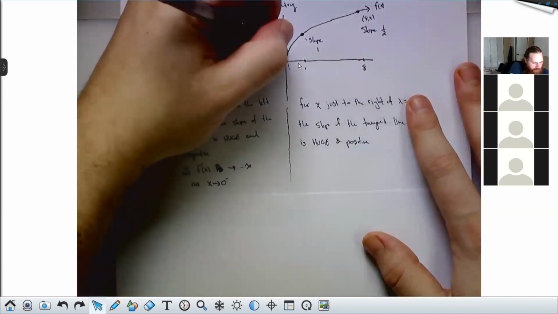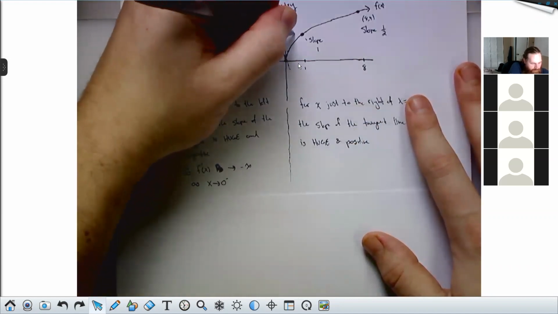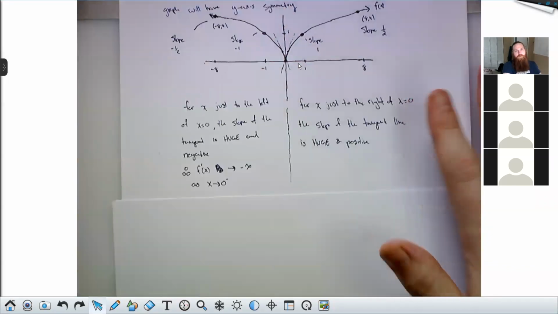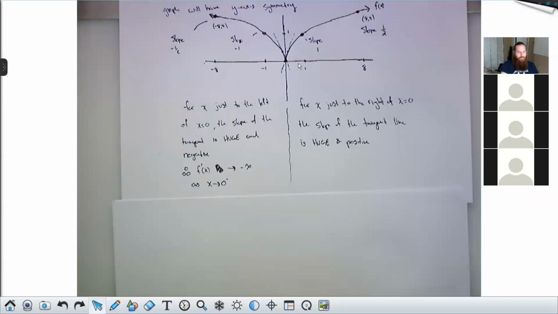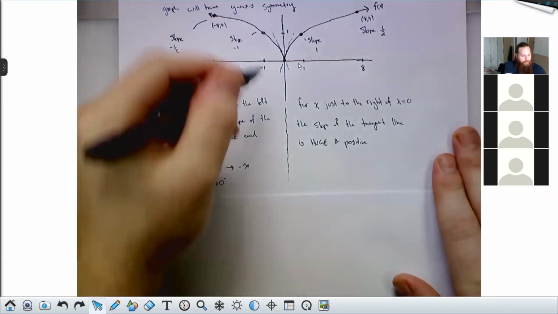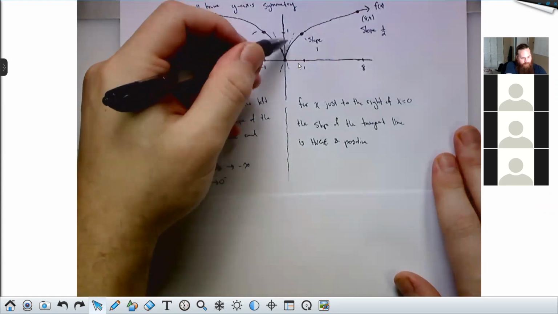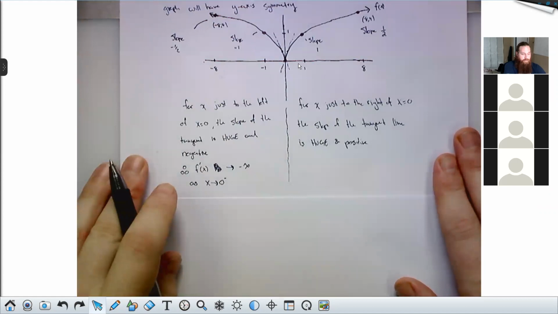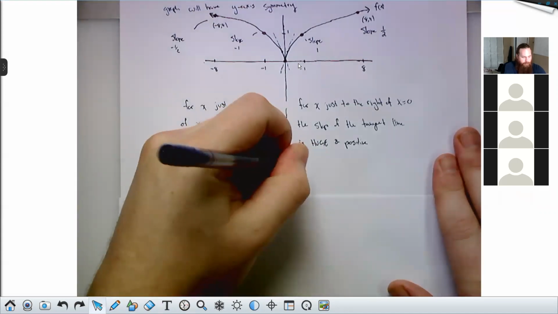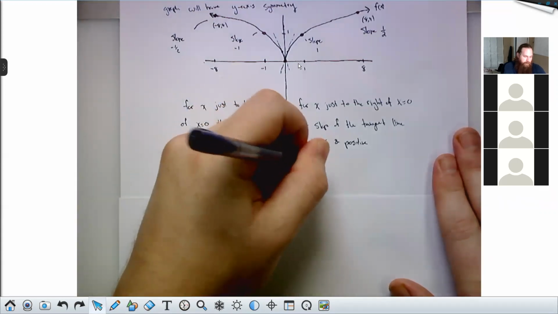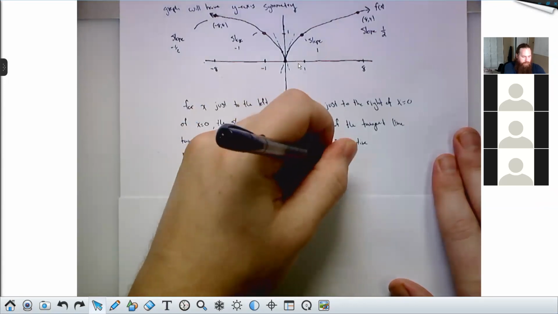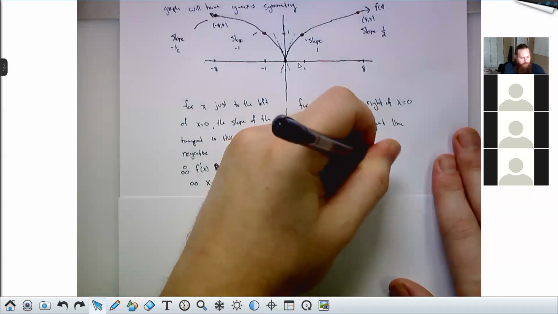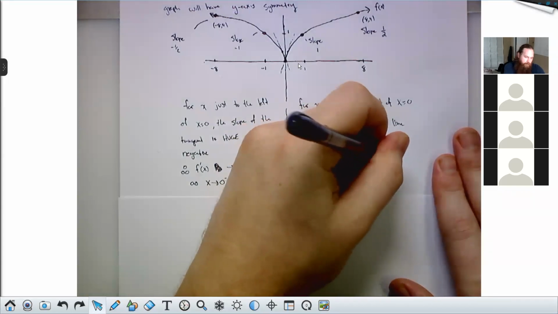Like imagine I take a point right here, then my tangent line there would look like this, which is very, very steep and positive. And if I get closer and closer to 0 from the right, that tangent line gets more and more steep. You can think of a vertical line as being a line with infinite slope. So here we would say, therefore, f prime of x goes to +infinity as x goes to 0 from the right.